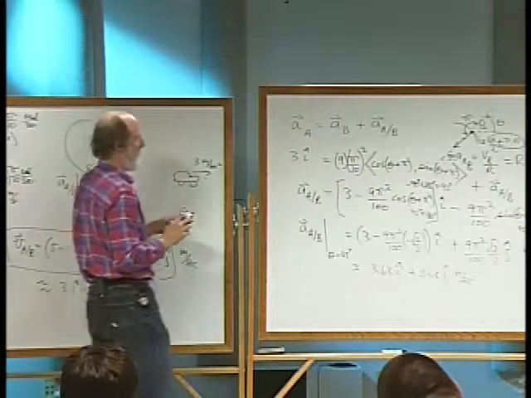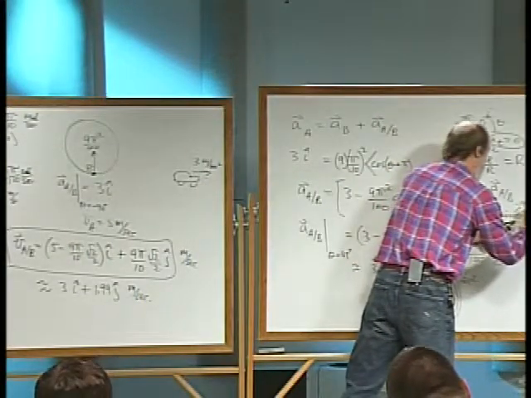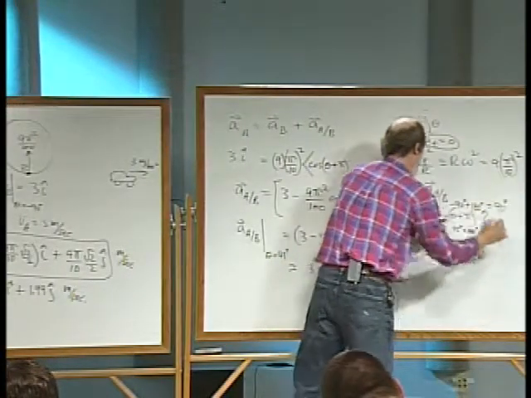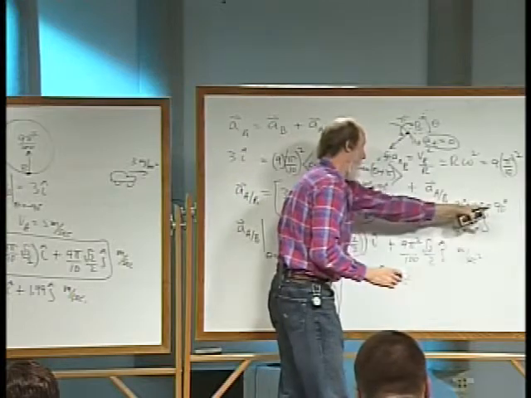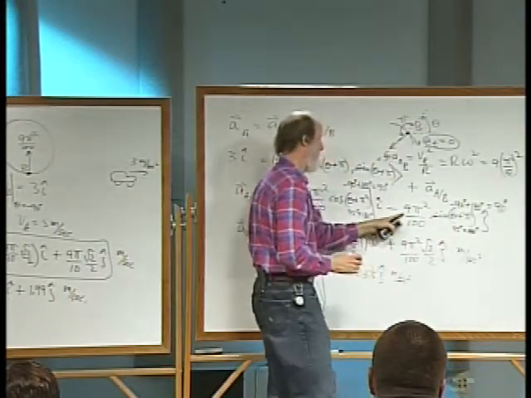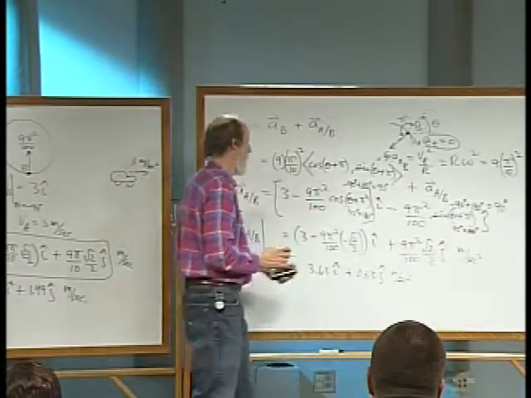And at minus 90 degrees over here, that's 90 degrees. The sine of 90 is 1, so you end up with this term, which is negative.